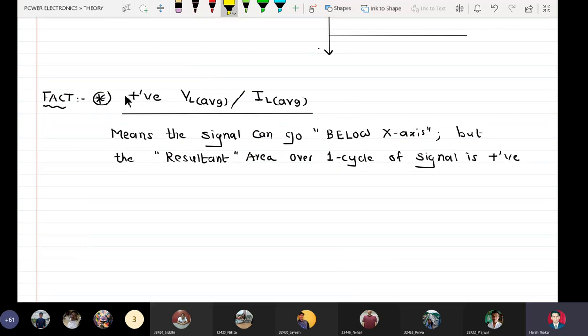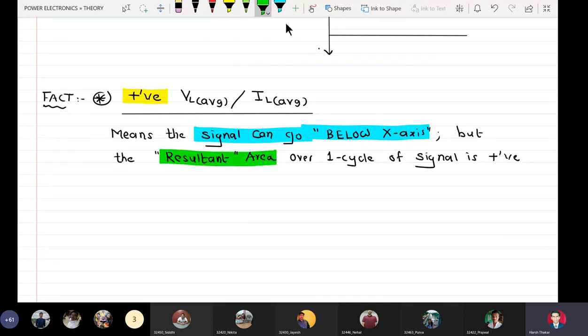Okay, so positive VLAVG means the signal can very well go below the x-axis, but the resultant area over one cycle of the signal is positive.